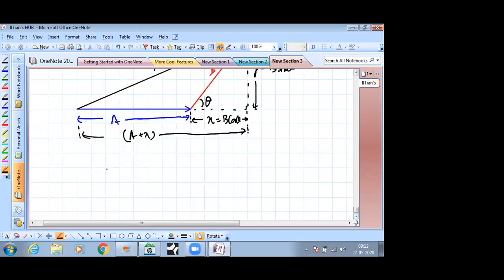So I can see that the magnitude of the resultant should become square root of the base square plus the perpendicular square.